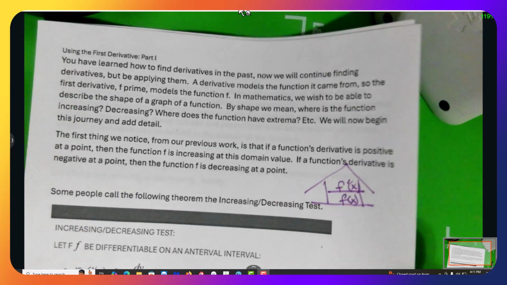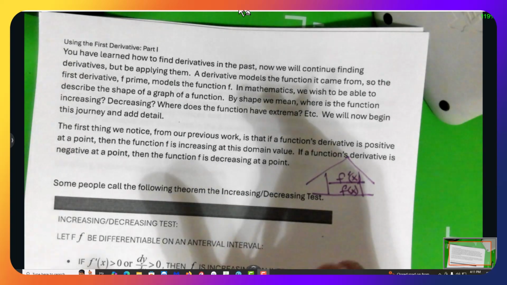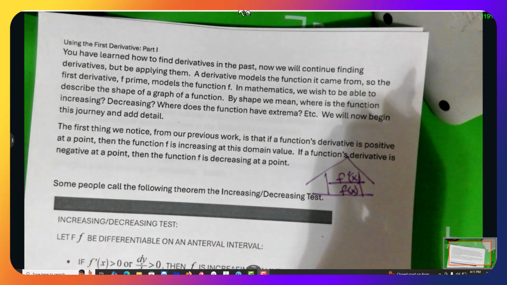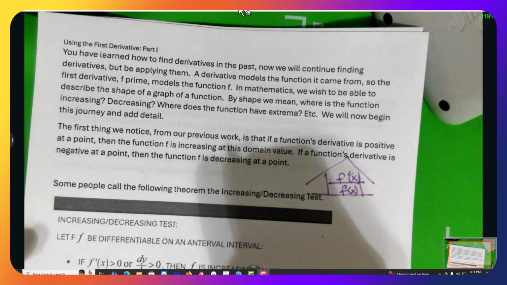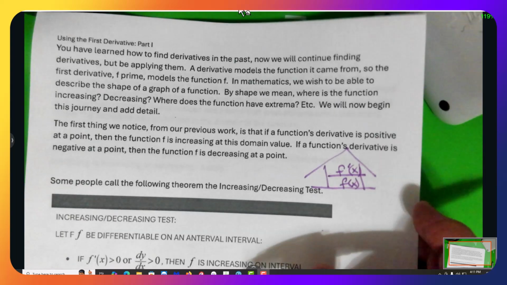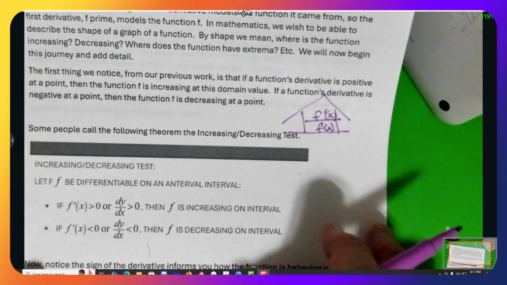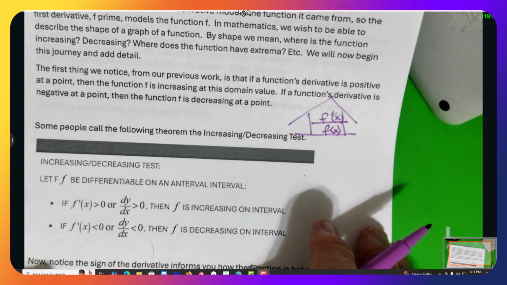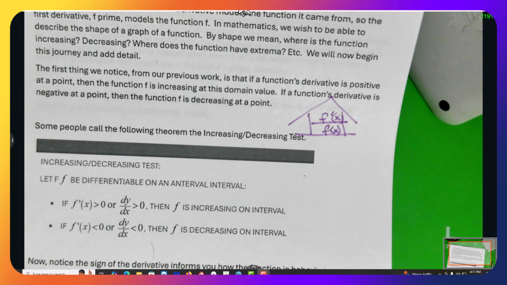Previously we've done lots of investigations, and we learned that if the derivative was positive at a point, the function was increasing at the point. And if the derivative was negative at a point, the function was decreasing at the point. Some people call this the increasing-decreasing test.